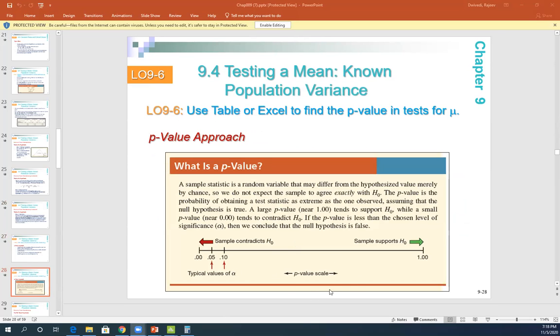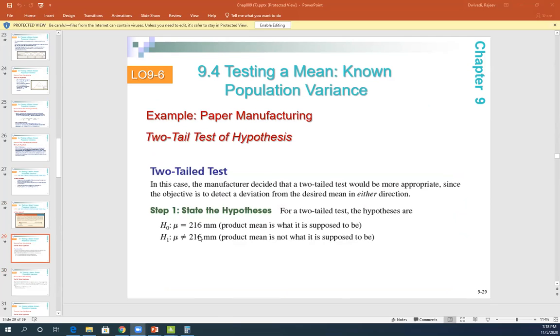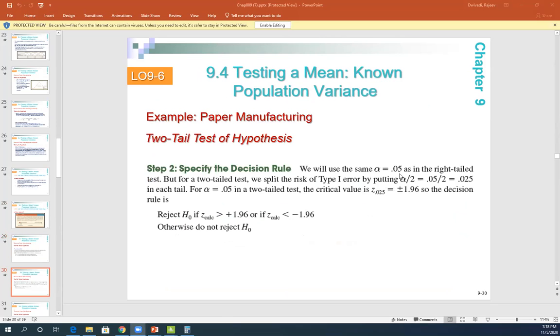So the p-value rule, I already explained what the p-value is. So in this case, the manufacturer decided on a two-tailed test, mu equal to 216, mu not equal to 216. Again, 5% level of significance. But for the two-tailed test, you can see 1.96 and minus 1.96.